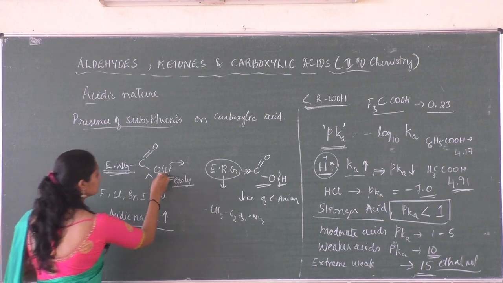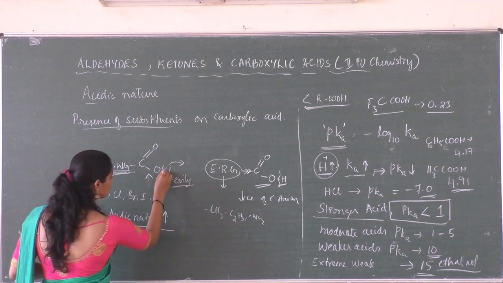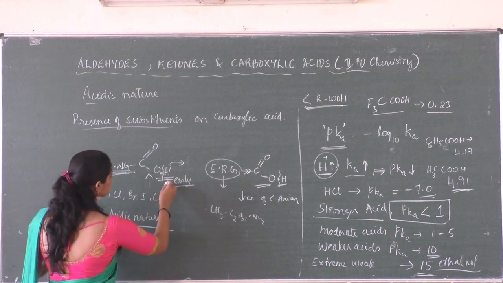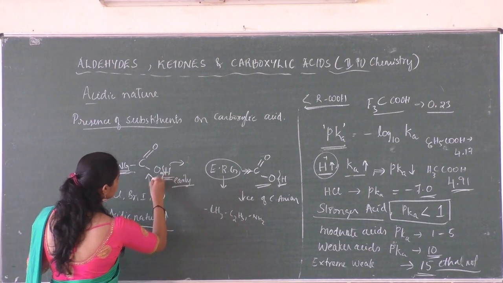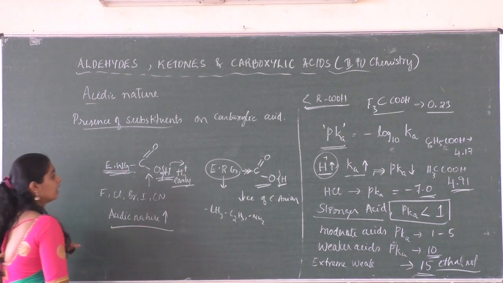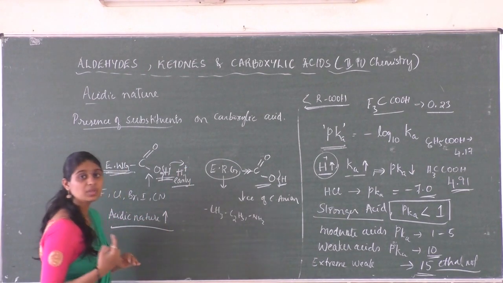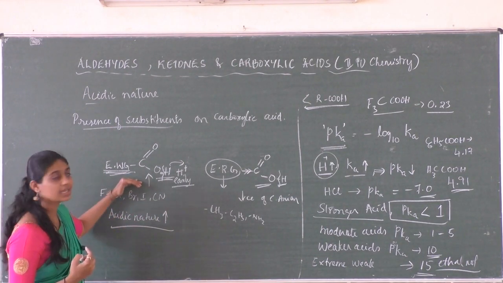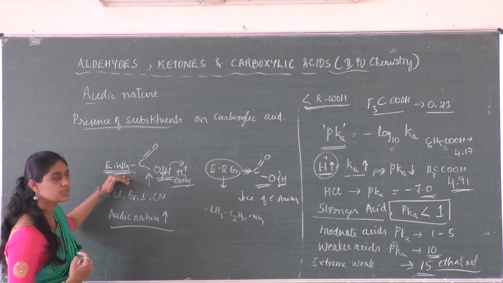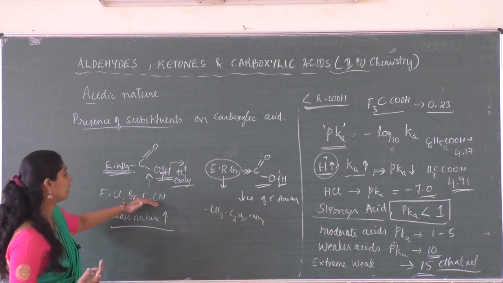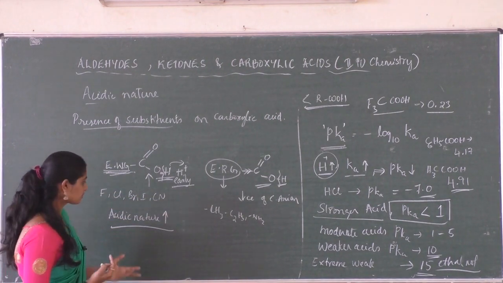So this bond becomes weakened, and this OH bond can be easily cleaved to form an H plus ion. The acidic character is nothing but how fast a substance can donate an H plus. Therefore the acidic character increases by the presence of electron withdrawing groups such as fluoro, chloro, bromo, iodo, cyano, nitro, etc.